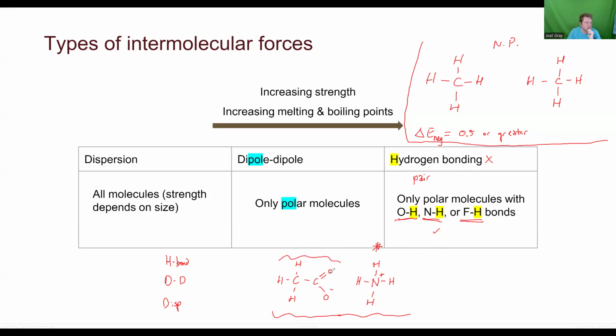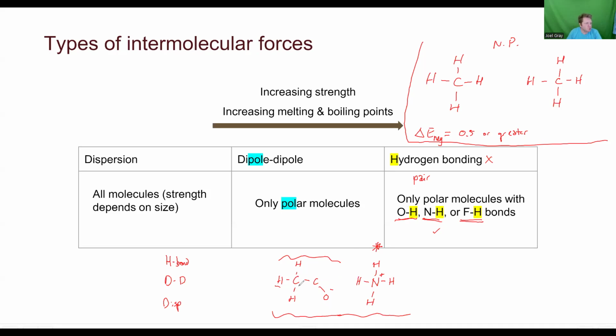It's really tempting. I've got an oxygen here, and I've got an oxygen here, and then I have hydrogens over here, but do I have an OH? Sorry, I'm trying to erase the underlines there.